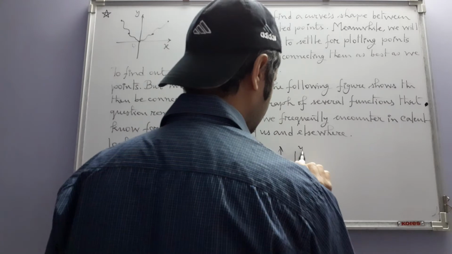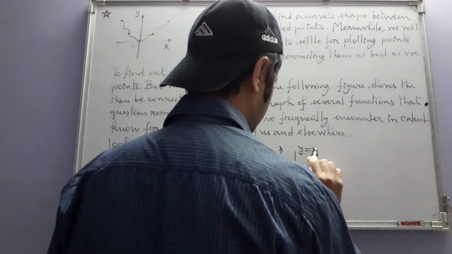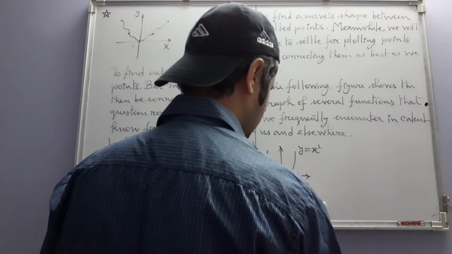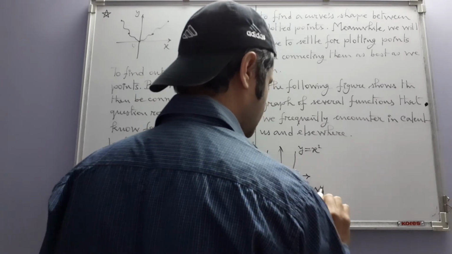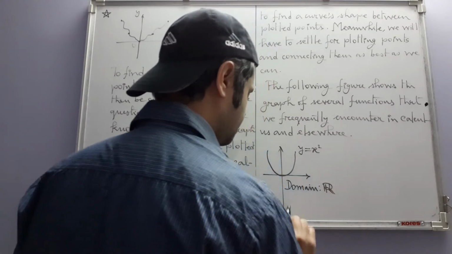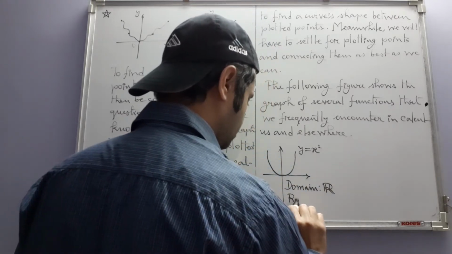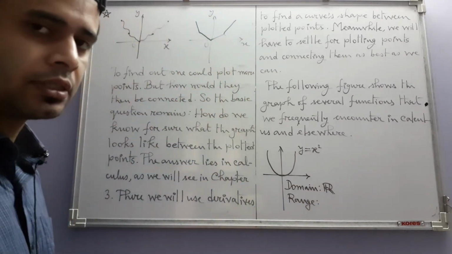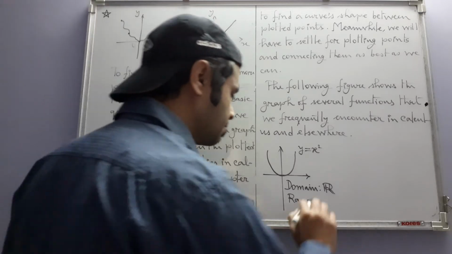So here the function is y equal to x square. The domain is the entire set of real numbers, and the range, the set of all output values, is the set of all non-negative real numbers.